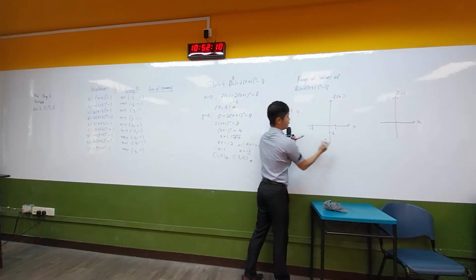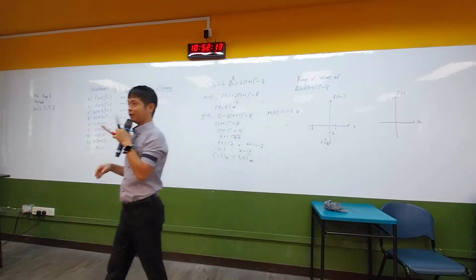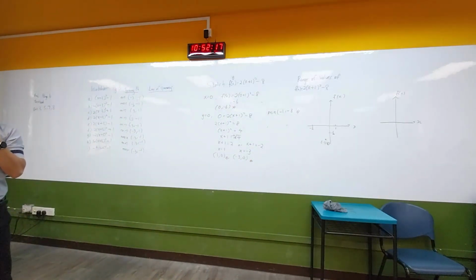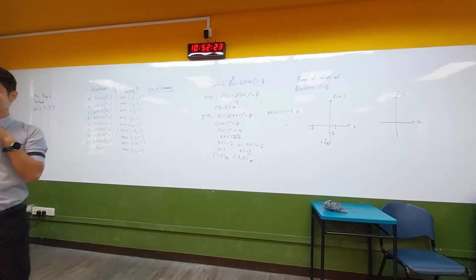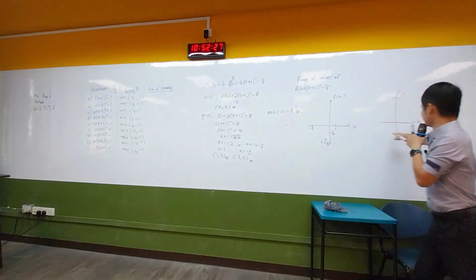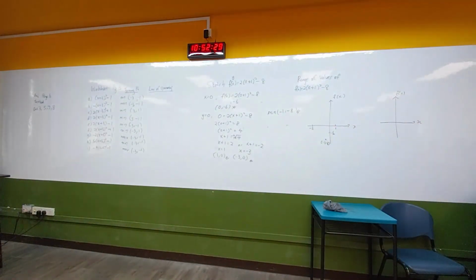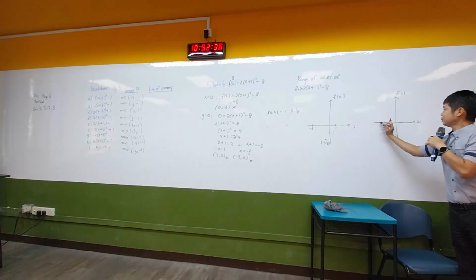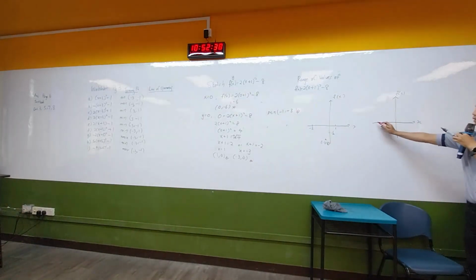Negative 1, negative 8. Now the problem is this, and you must listen to this. You try to join these 4 points, and your graph always looks very ugly. Correct or not? Okay, so the smart thing to do is, I will draw a graph that cuts through all these points, but I don't label the points. But it must cut through the same places.